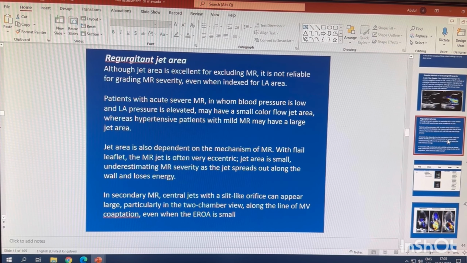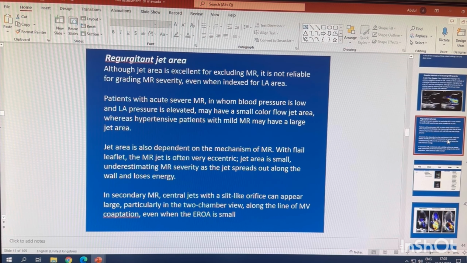As I told you already, if you have an acute mitral regurgitation, you will have a high LA pressure and also low blood pressure, which will give a small jet area with severe mitral regurgitation. And in hypertensive patients, you can have a bigger jet area with less severe mitral regurgitation. Jet area is also dependent on the mechanism of mitral regurgitation. If you have a flail leaflet, the jet will be a wall-hugging jet, an eccentric jet directed either anteriorly or posteriorly.